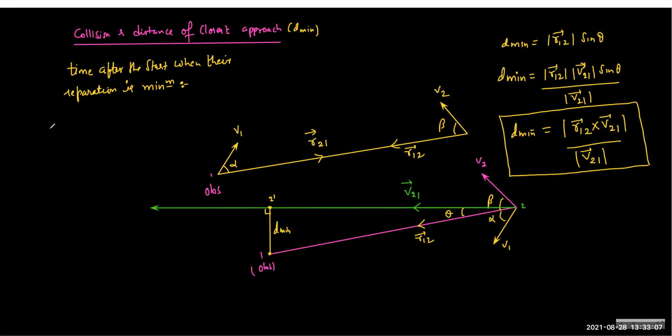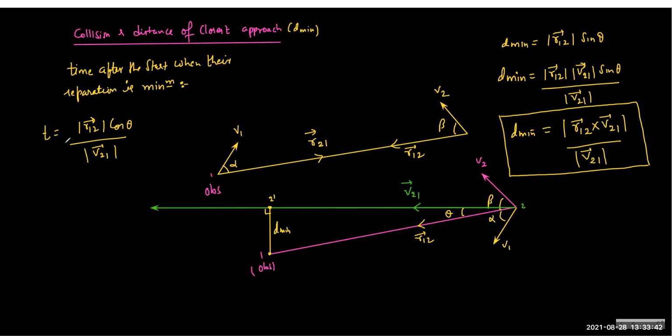So when the separation is minimum, the particle number 2 has gone from 2 to 2 dash. The distance from 2 to 2 dash is nothing but R12 cos theta, upon speed, which is V2.